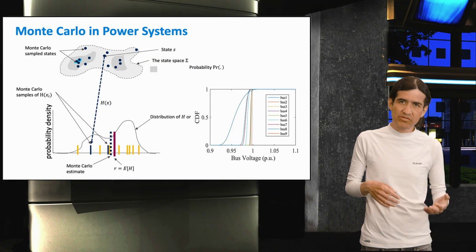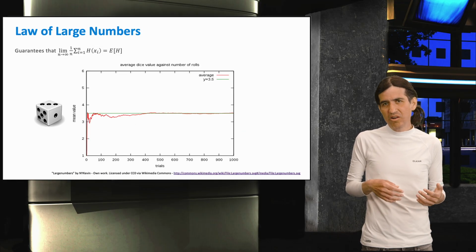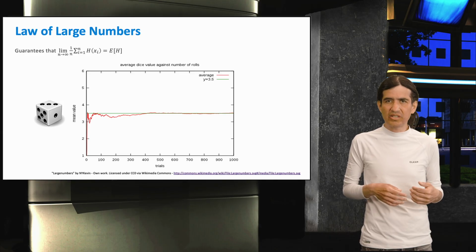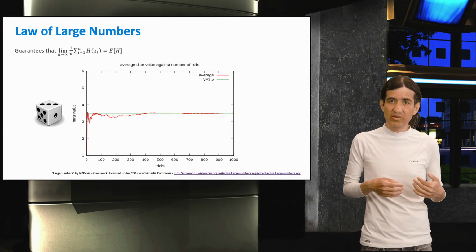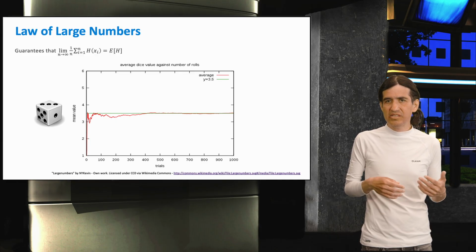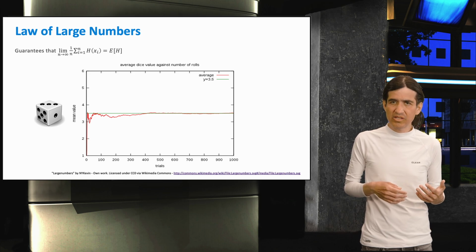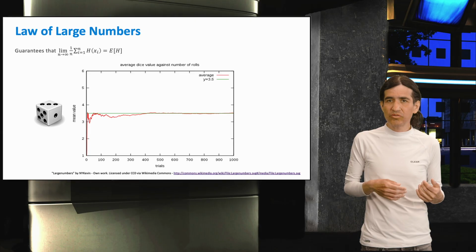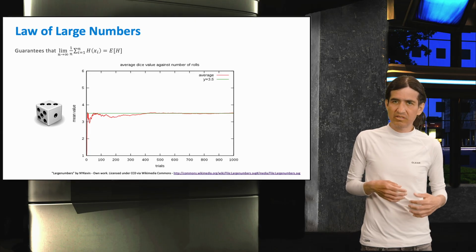The law of large numbers is fundamental to the numerical trustworthiness of the Monte Carlo method in probabilistic power flow. It states that as the number of random samples increases, the estimated results, like mean voltages and probabilities of violations, converge to their true probabilistic values.